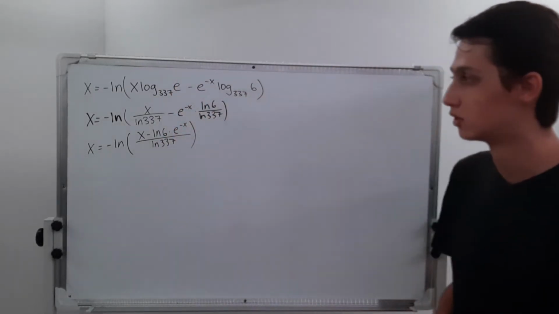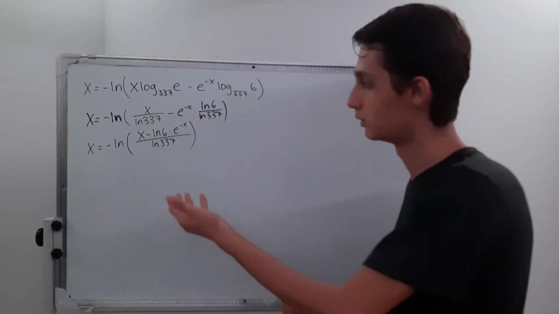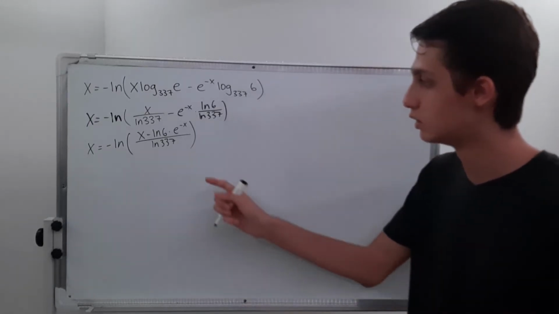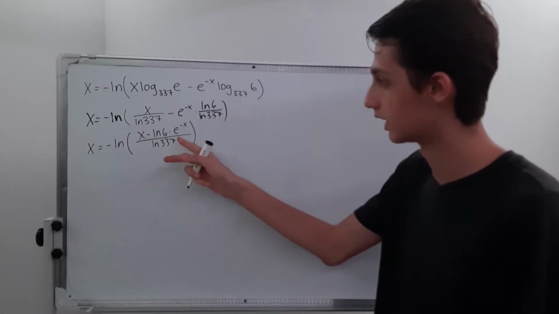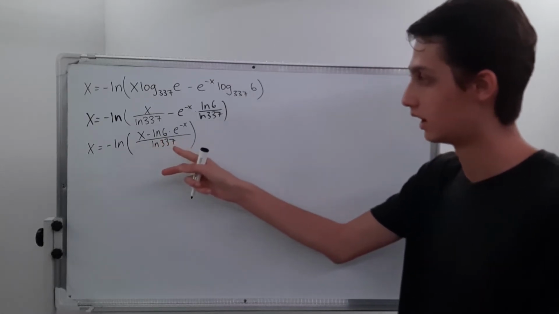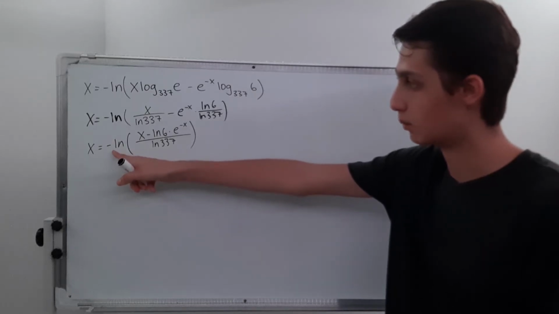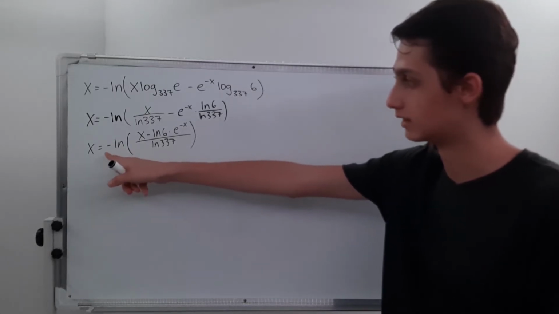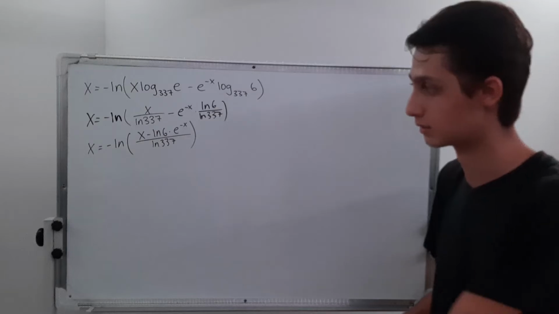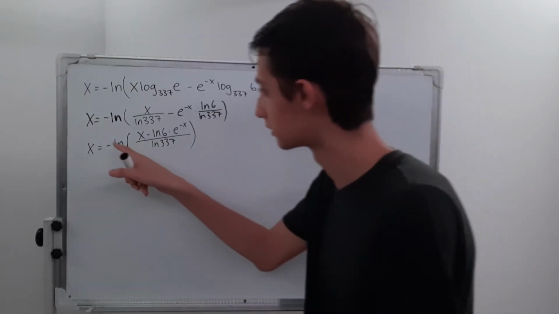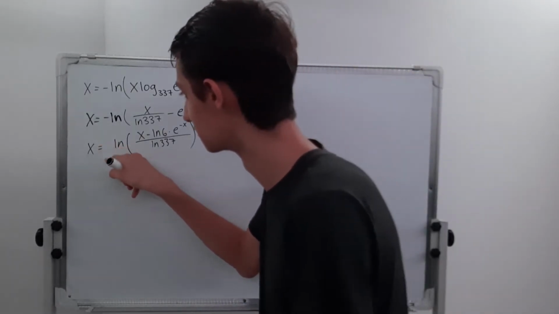Okay, so what can we do from here? Well, we can notice that we can kind of break these up. Actually, I don't want to do that. I want to first, actually, let's divide by the negative 1. Let's take it one step at a time.